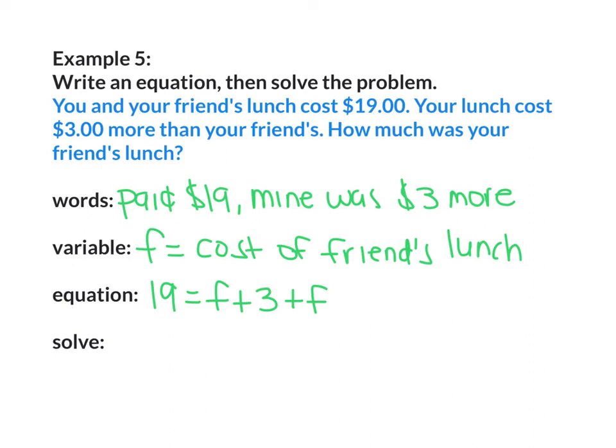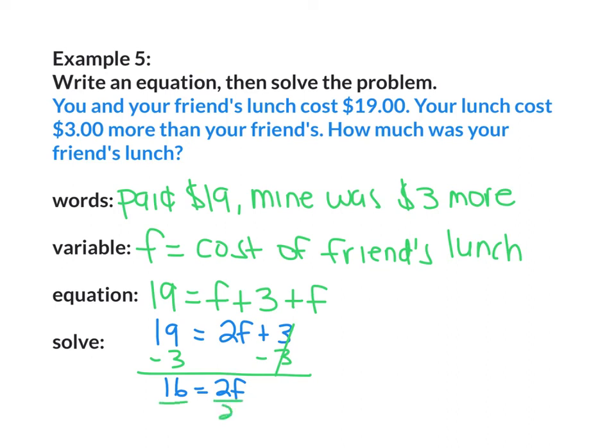So now we're going to solve. So I need to combine like terms. So I have two F's. So F plus F gives me 2F plus 3 equals, bring down the 19. Now I need to move 3 to the other side, so I'm going to subtract 3 from both sides. The right side cancels out. 19 take away 3 is 16 equals 2F. Now I'm going to divide both sides by 2.